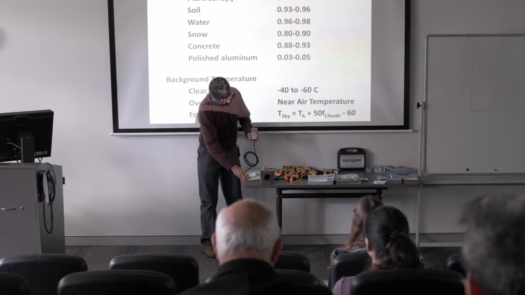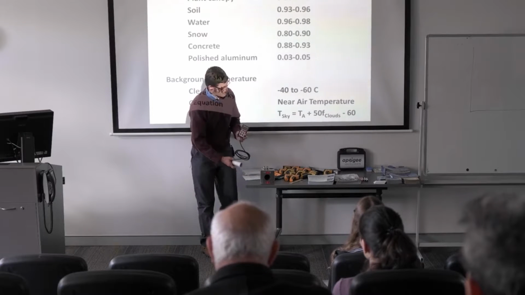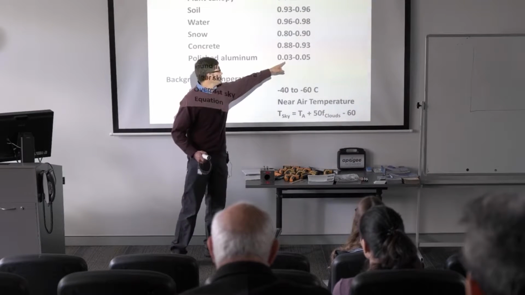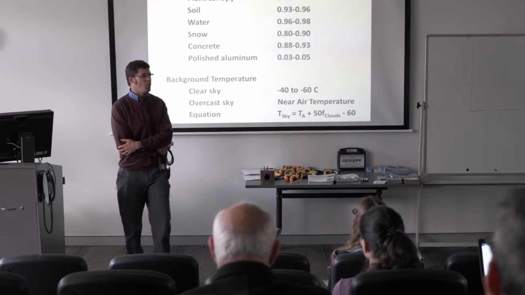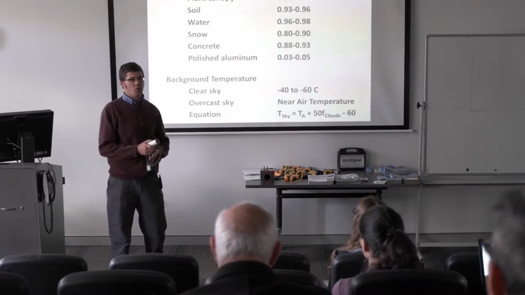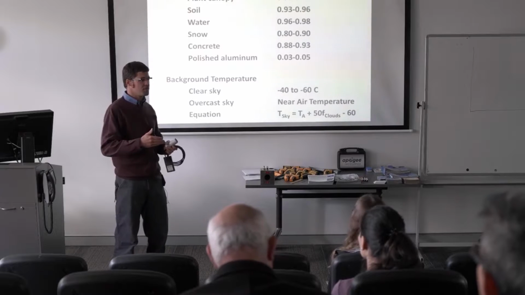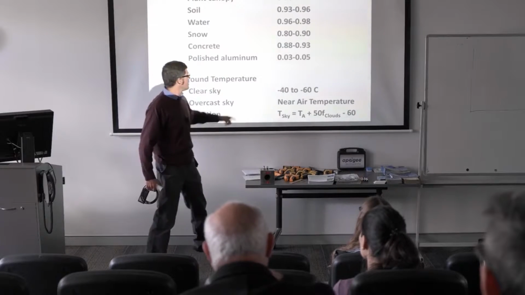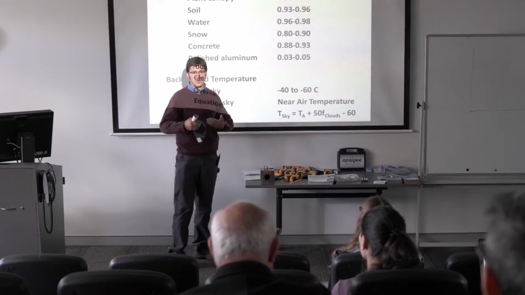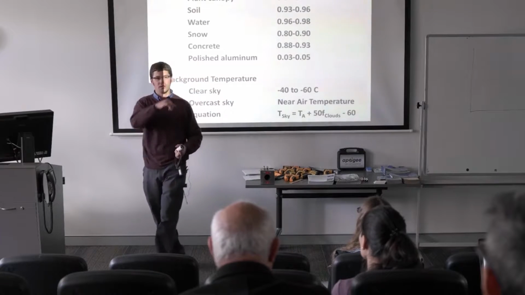So not quite as cold as the 22 that I measured on the floor. And that might be because the emissivity is actually a little bit higher. Maybe the emissivity is like 0.1 or 0.2. So what we're actually doing is getting an average temperature somewhere between the true temperature and the room temperature, because the emissivity is somewhere between 0 and 1, and I don't know exactly what it is.